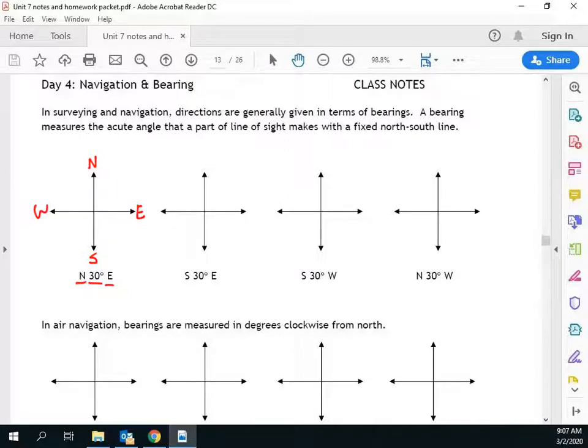that means you start on the north direction, and you go 30 degrees towards the east. And so that means this is 30 degrees here. And you follow that all the way around. So, south, so you start in the south, and you go 30 degrees to the east. So you're here.